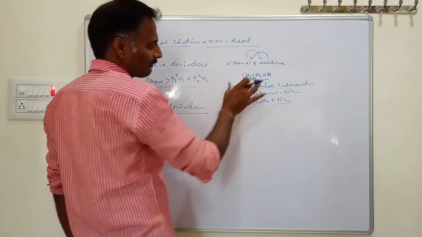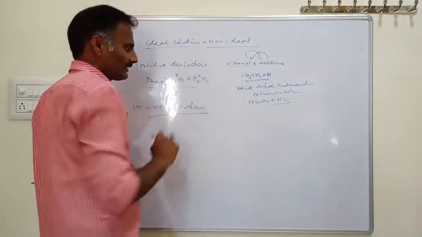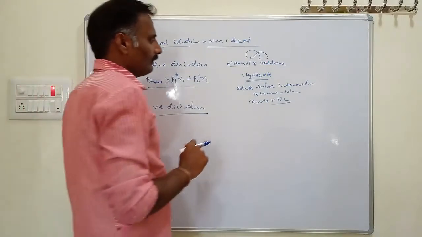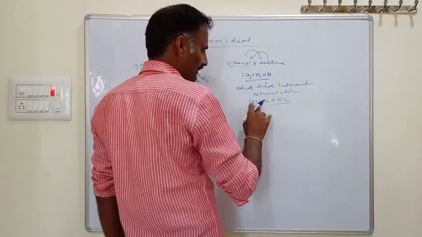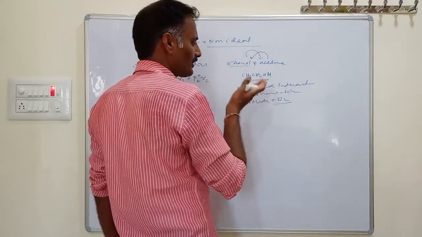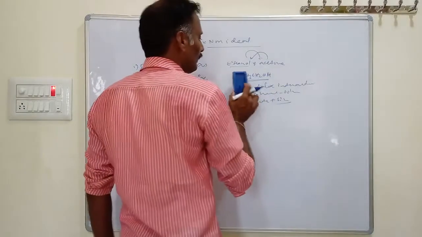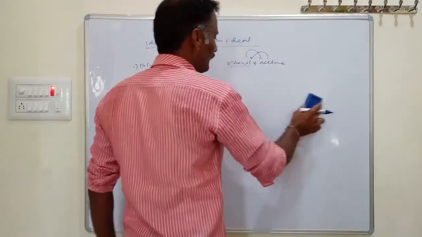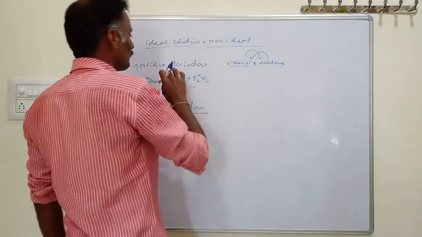These solutions are said to show positive deviations. When the solute-solvent interactions are less, a greater number of molecules escape into the vapor phase. As a result, the vapor pressure goes on increasing. That is why they show a positive deviation from Raoult's law.